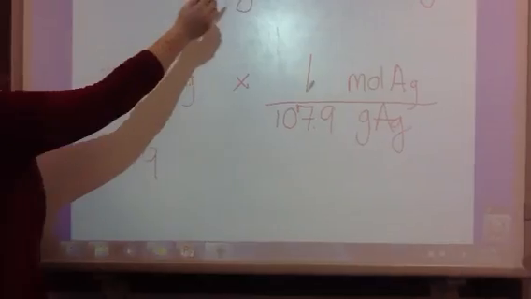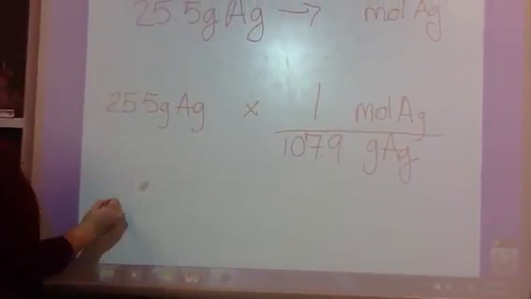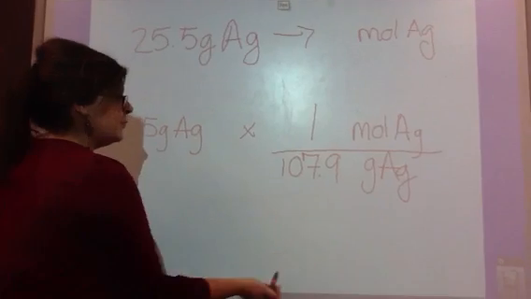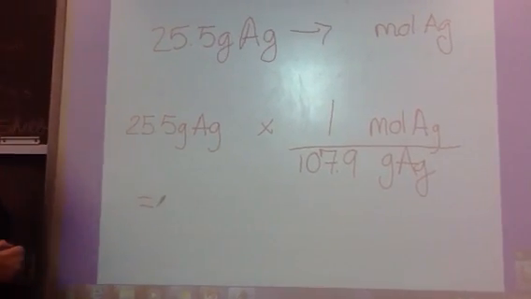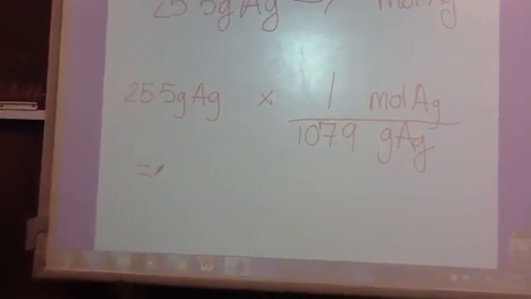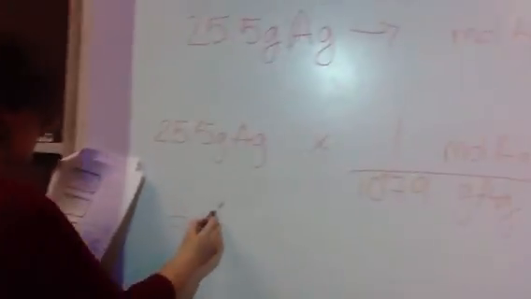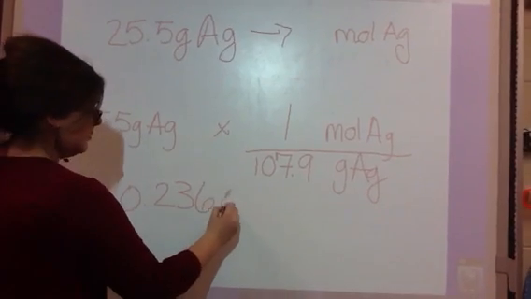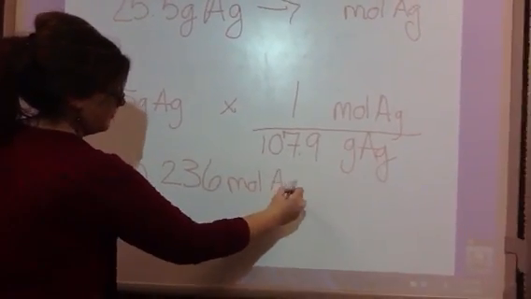So now I have 25.5 times 1 divided by 107.9. If I divide those two numbers, I would get, in this case, 0.236 moles of silver.